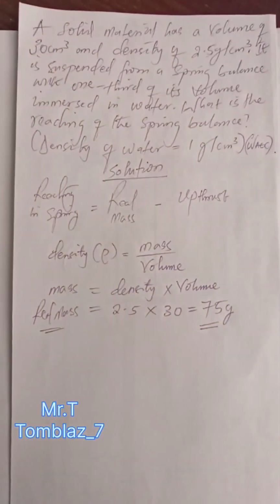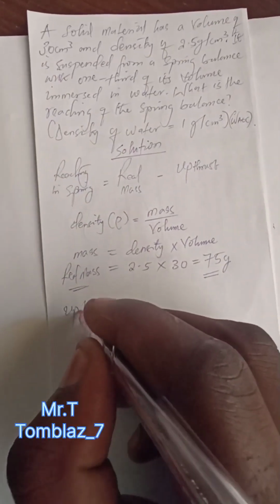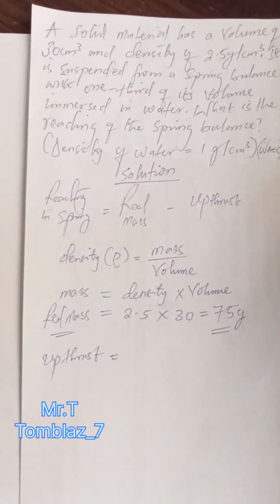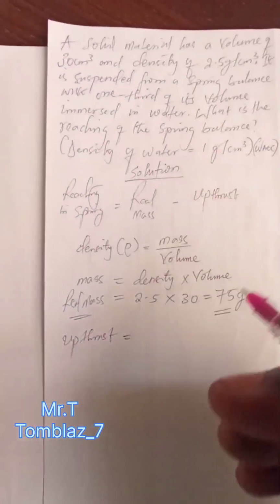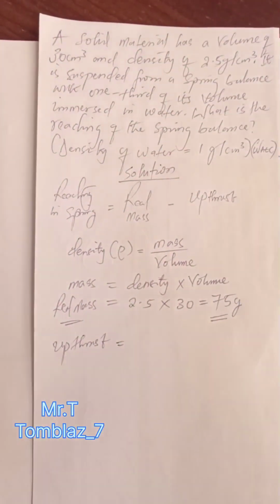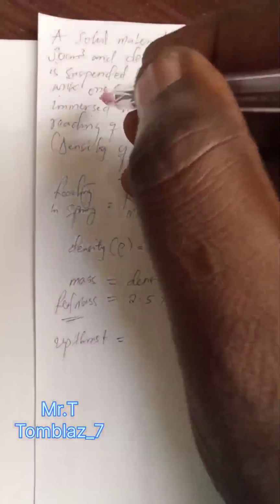Now what is left is for us to look for the upthrust. Okay, so upthrust is given by the level at which the immersion took place, which is 1/3.